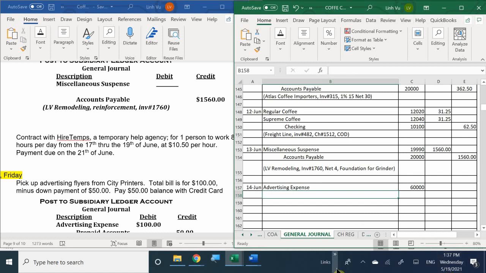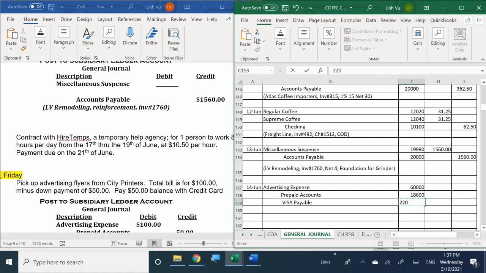So let's record the redemption of our voucher: the prepaid accounts, and once again, we used our Visa credit card to pay the remaining balance for the flyers.